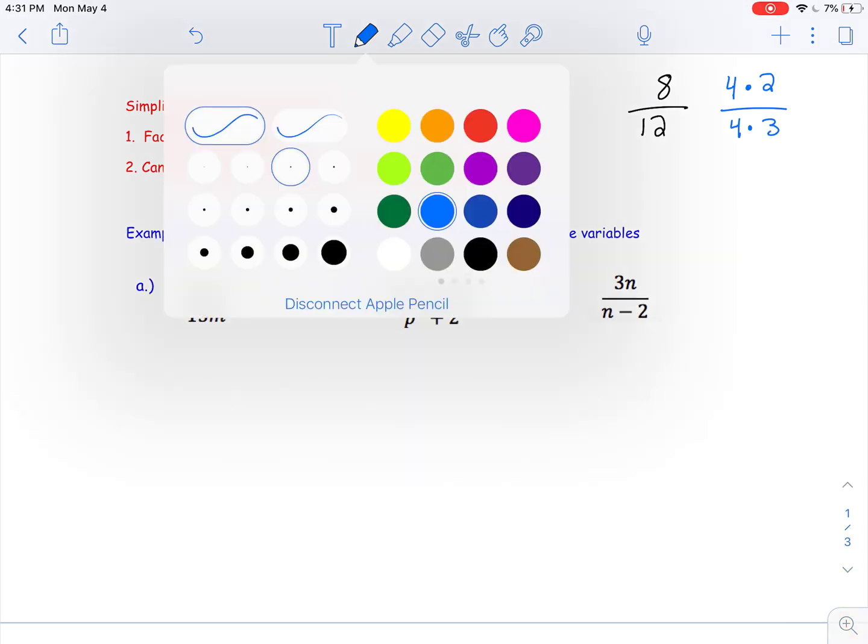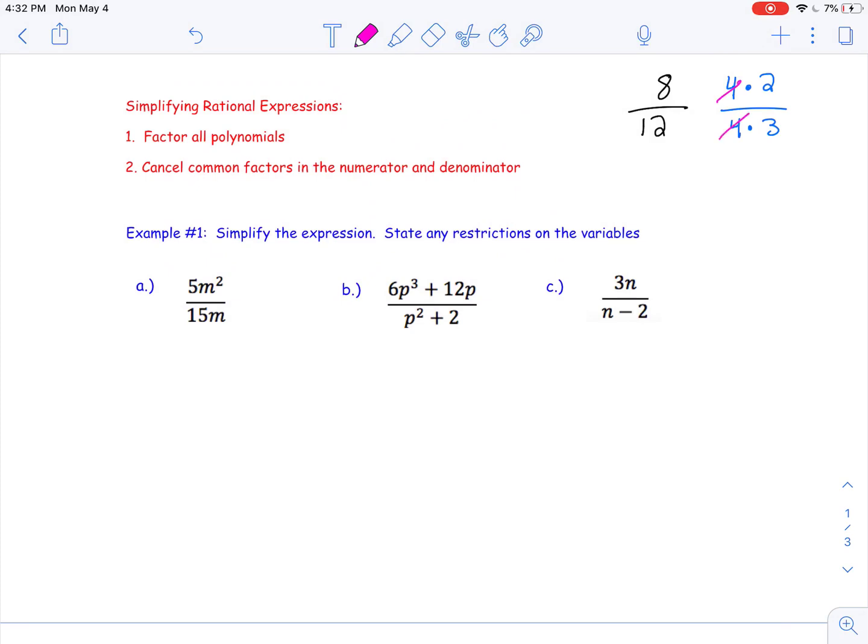If I asked you to simplify or reduce this fraction, you would cancel out the 4's and be left with the final answer of 2 over 3. So you're really canceling out a common factor. Our common factor here is 4.